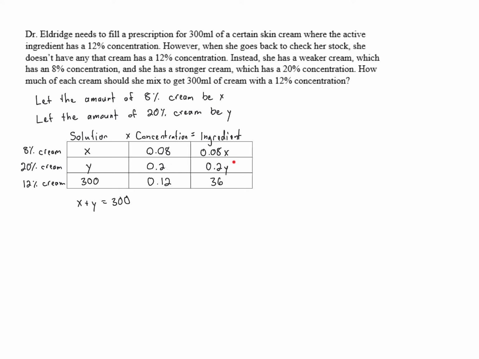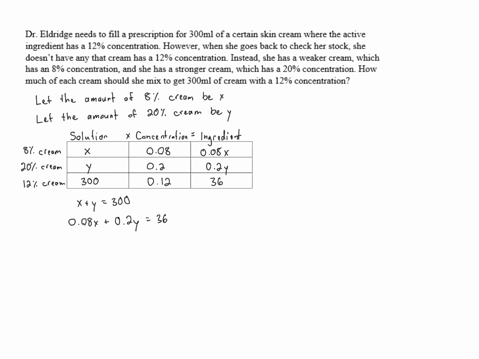The other equation comes from the third column, and we're going to get it very similarly. We take the first 2 entries, 0.08x plus 0.2y, and when we add them together, we end up with 36. The reasoning here is that 0.08x is the amount of the active ingredient in the first cream, and 0.2y is the amount of the active ingredient in the second cream.